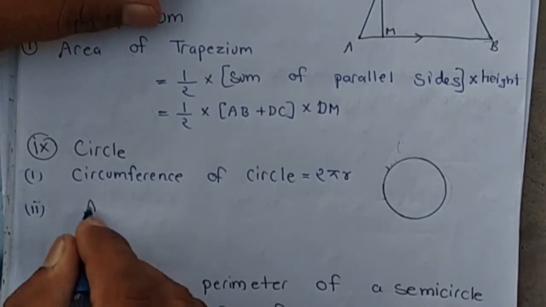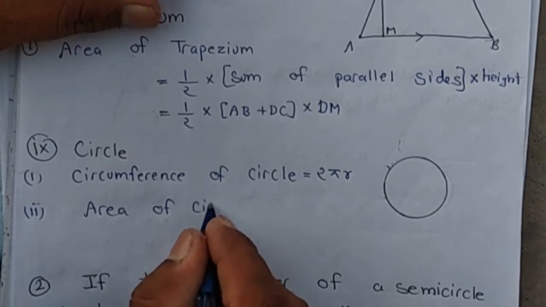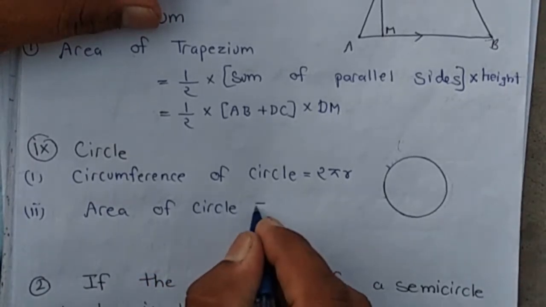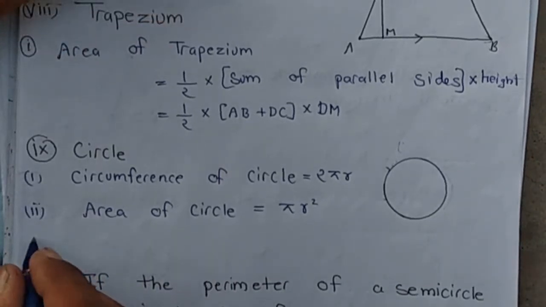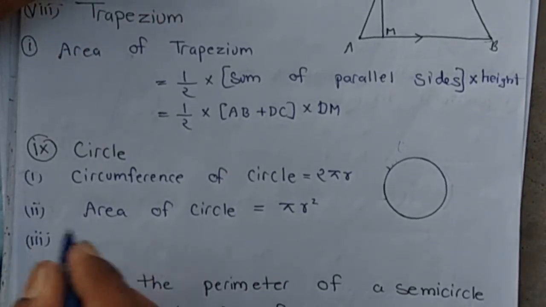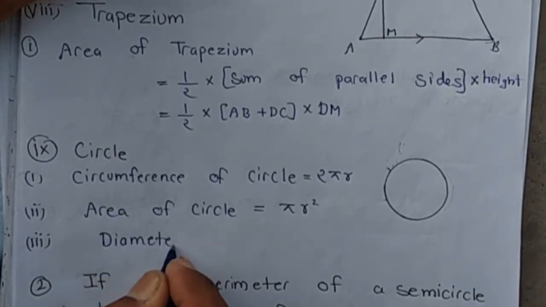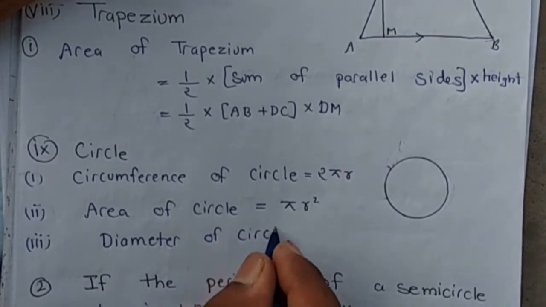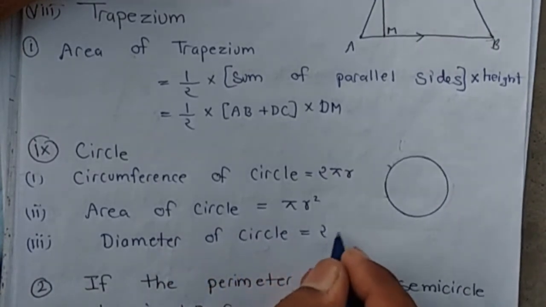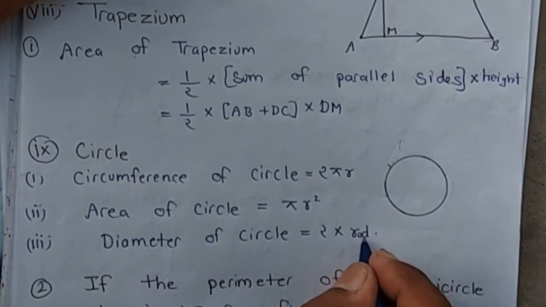Area of a circle is equal to pi r square, and the diameter of a circle is equal to 2 into radius.